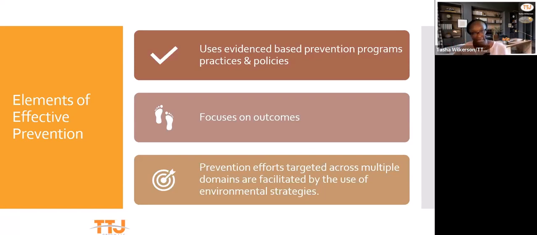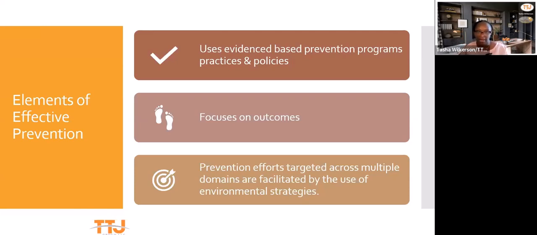If that program leaves, or isn't effective anymore, I want you to point back to that outcome. That is what effective prevention is. It focuses on the outcome, and it builds around that outcome by saying these are the different programs, practices, or policies that we could put around it.